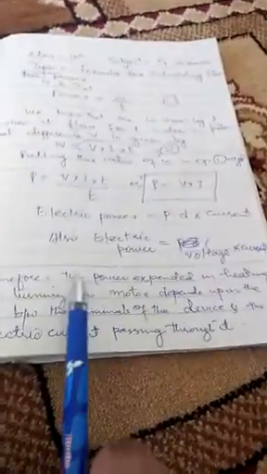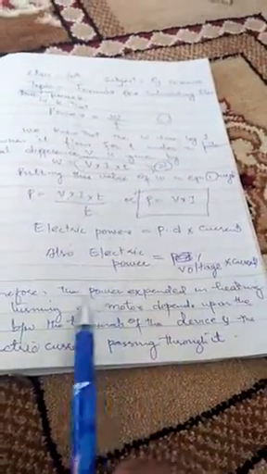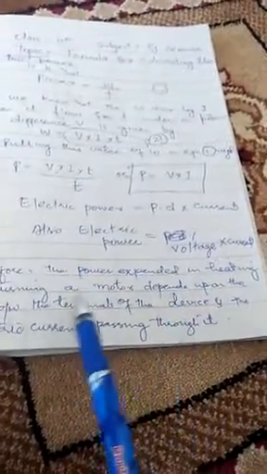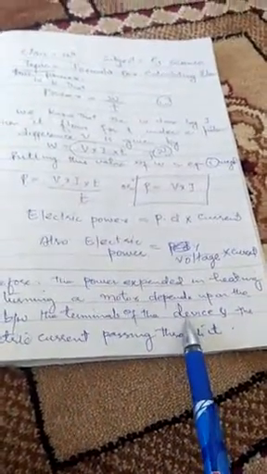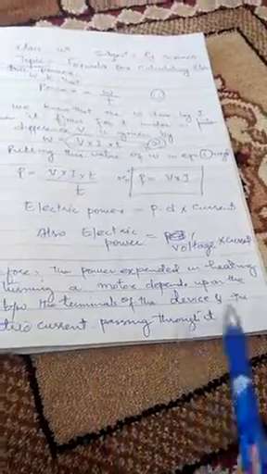So we can say that when power is expended in heating or turning a motor, it depends upon the potential difference between the terminals of the device and the current passing through it.